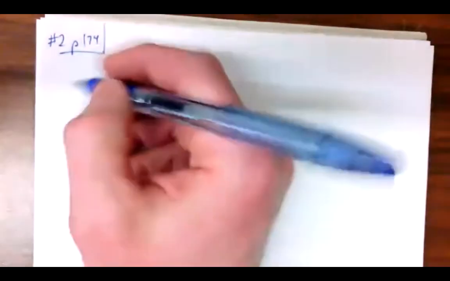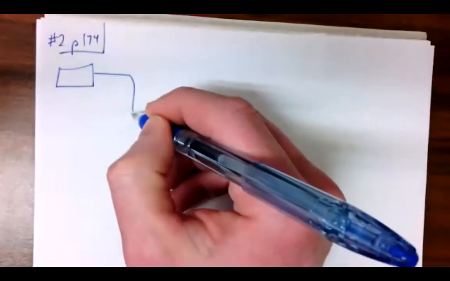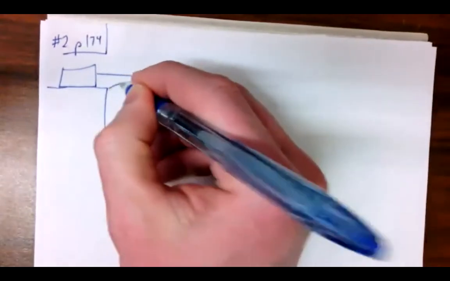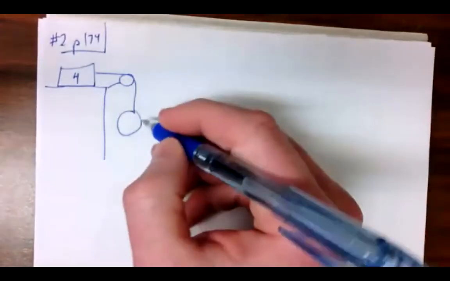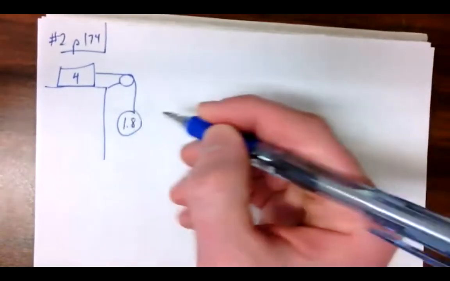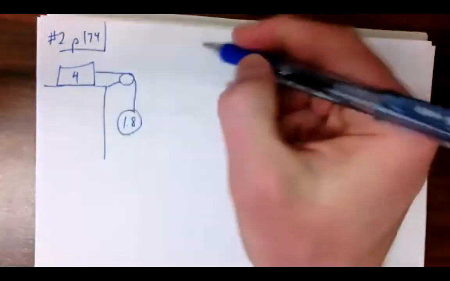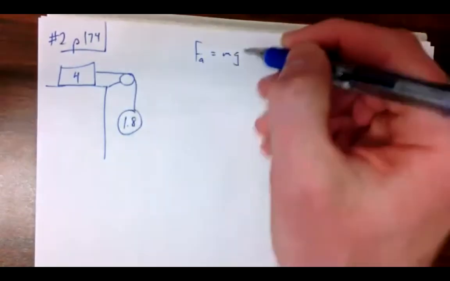Okay, so for those of you who maybe don't have it in front of you, it looks like this. Well, clearly not exactly because I'm not an artist, okay? This is 4 kilograms. This is 1.8. So the applied force that's trying to pull this 4 kilogram block is mass times gravity.